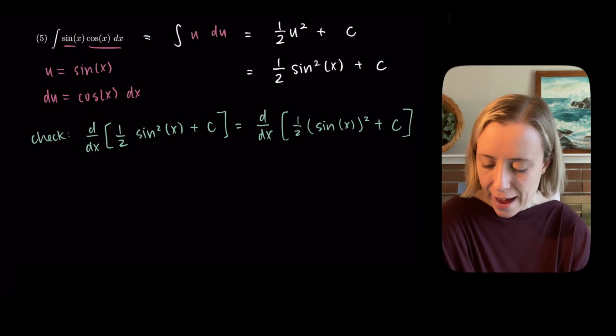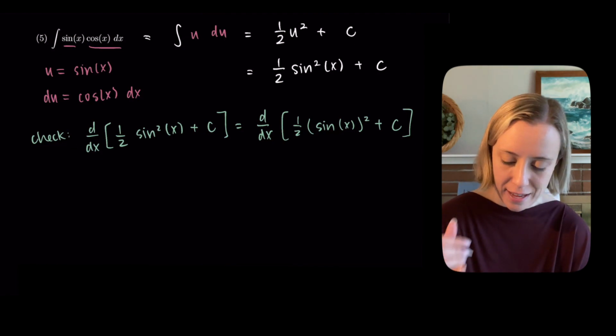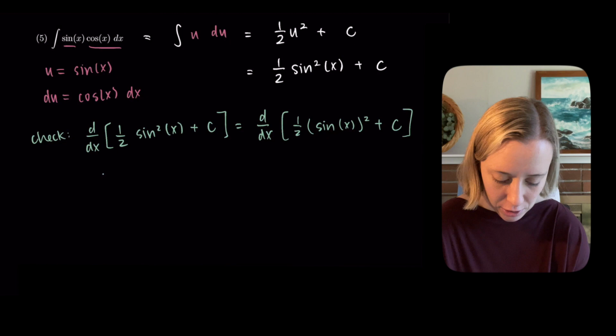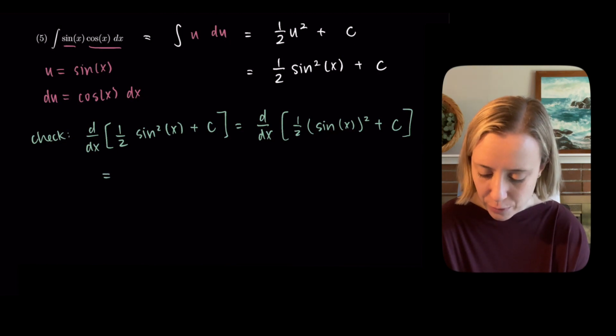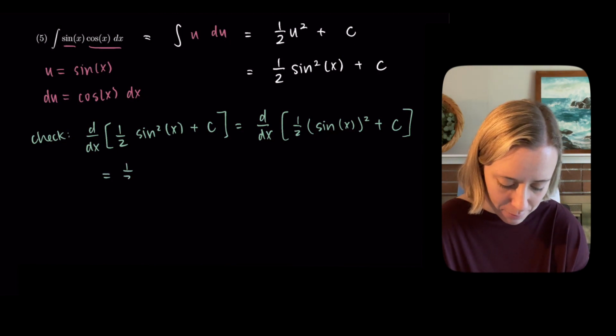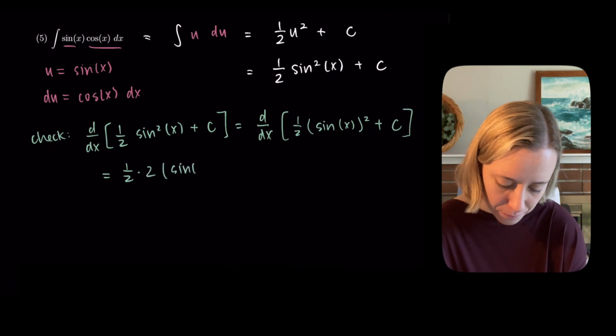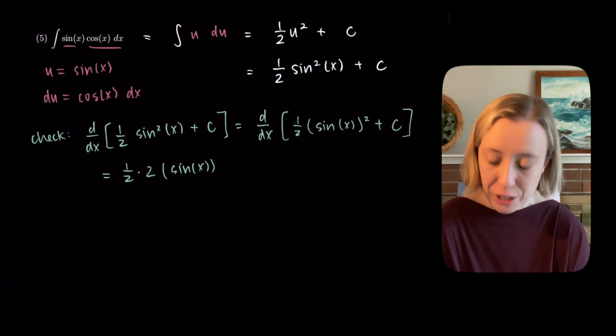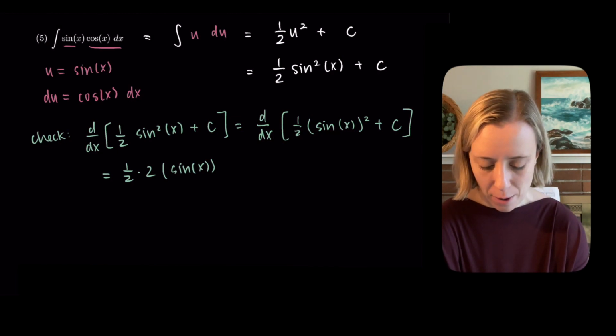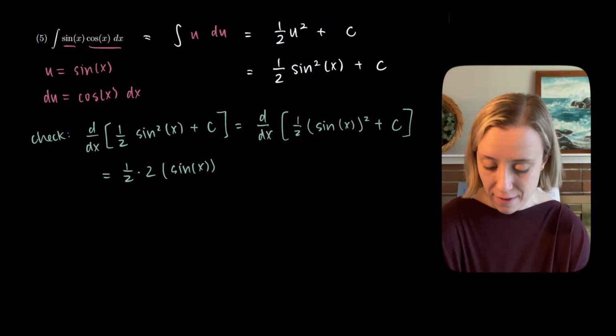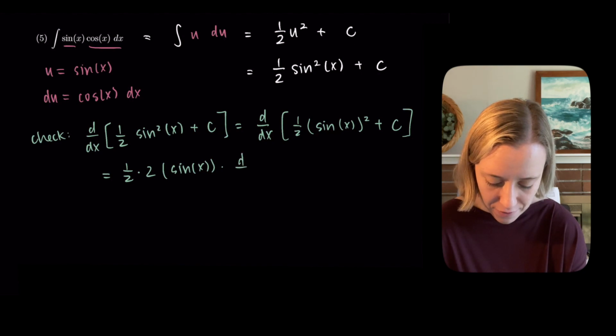Okay, so we have something squared and the inside function is sine. So when we go to do the derivative, we do chain rule. The 2 comes down in front. We leave the inside alone. And then we decrease the exponent by 1. So I have 1/2 times 2 sine of x. And then I would take the derivative of the inside. So I take the derivative of sine.